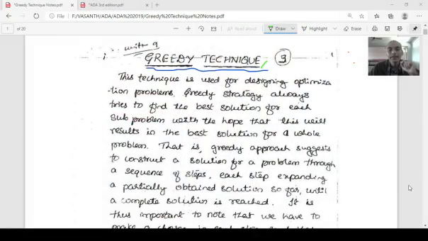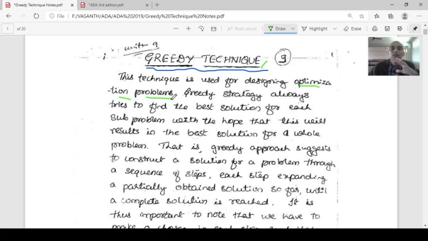So today we are going to start with another new technique, which is called the greedy technique, or greedy approach. Now what does this greedy technique tell us? This is a technique used for designing solutions to optimization problems. So you have to understand what an optimization problem is.